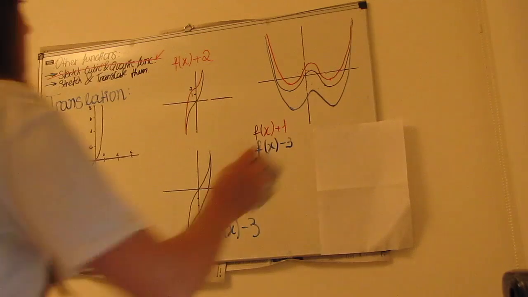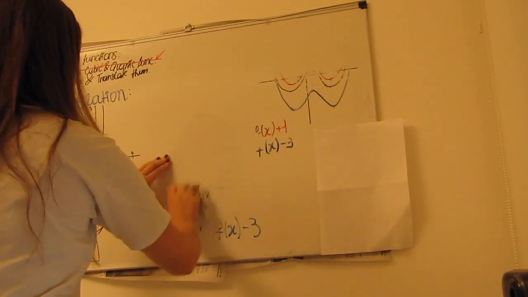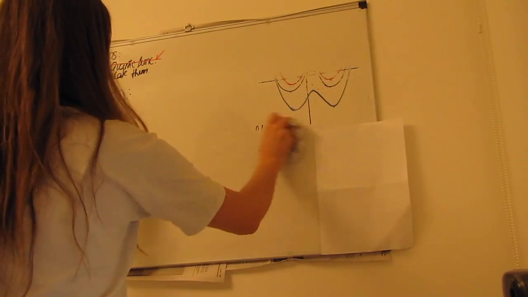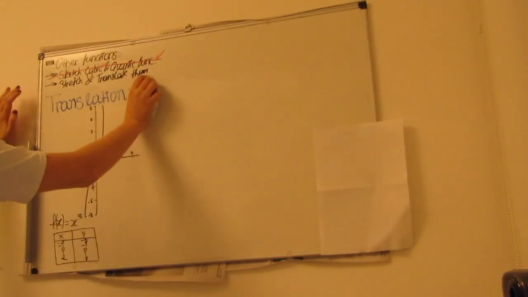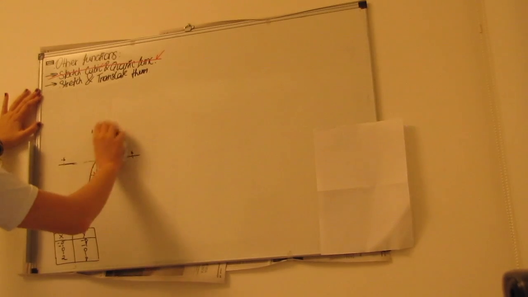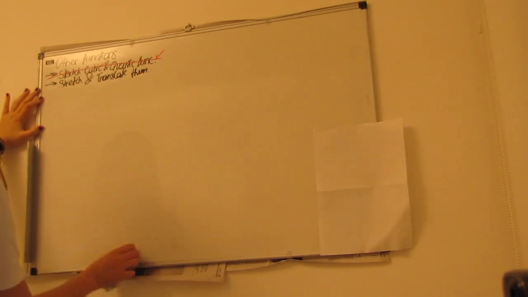So we can see how the function that goes upwards is the positive one, and the function that goes downwards is the negative one. The reason why I'm specifying clearly the placement of the number, if it's outside the brackets or inside the brackets, is because that number alters the transformation of the function.